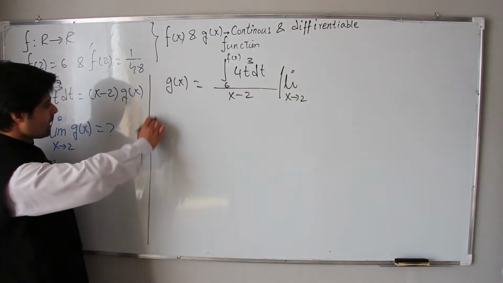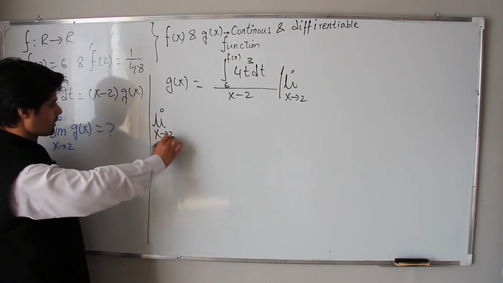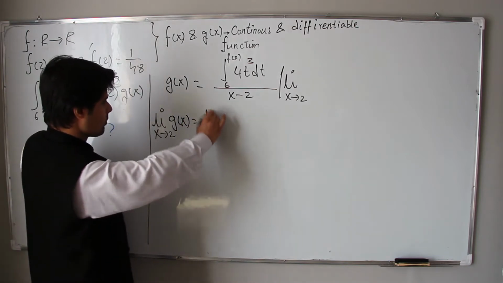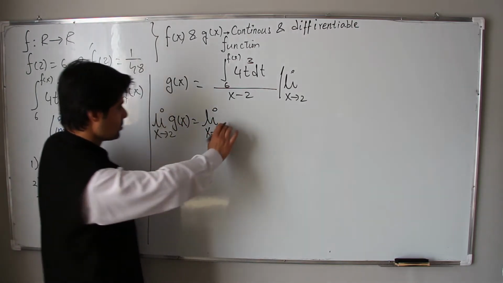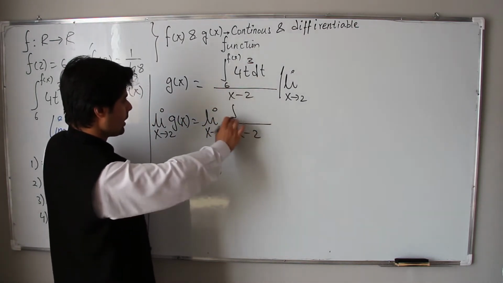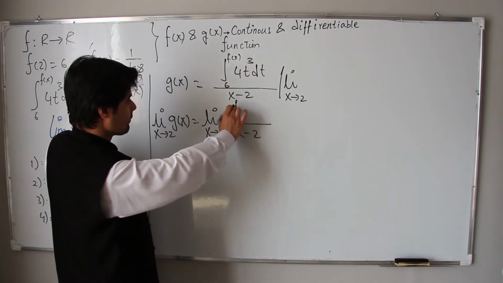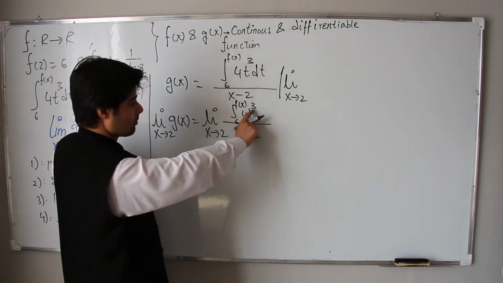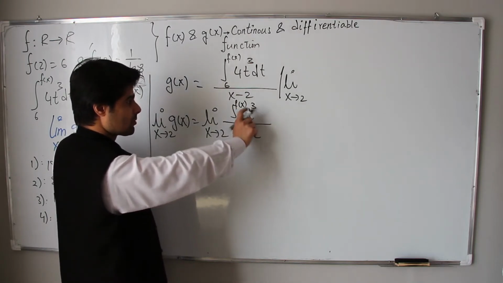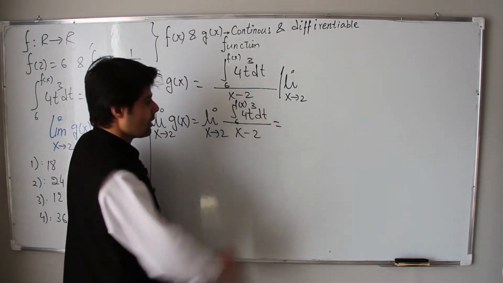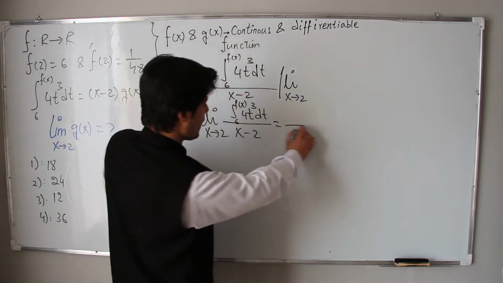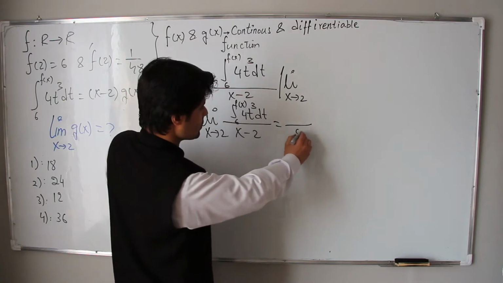Now the limit as x goes to 2 of g(x) is equal to the limit as x goes to 2 of 1 over x minus 2 times the integral from 6 to f(x) of 4t to the power 3 dt. If I put 2 instead of x, we have 2 minus 2, which is 0.